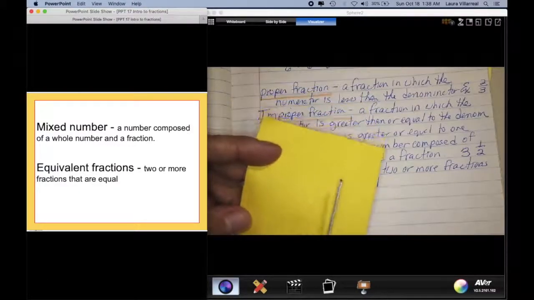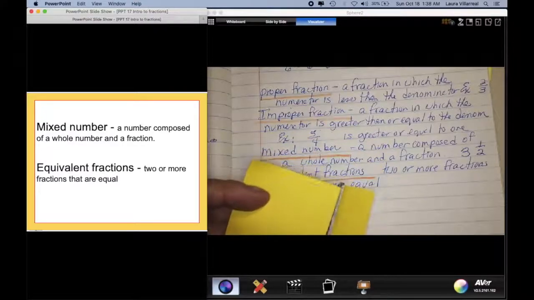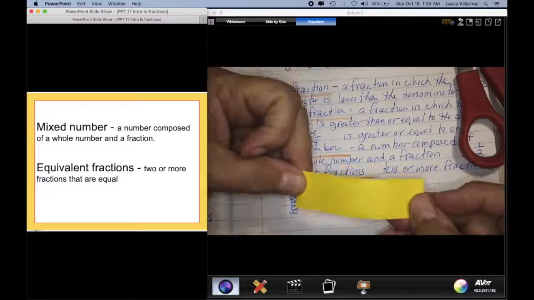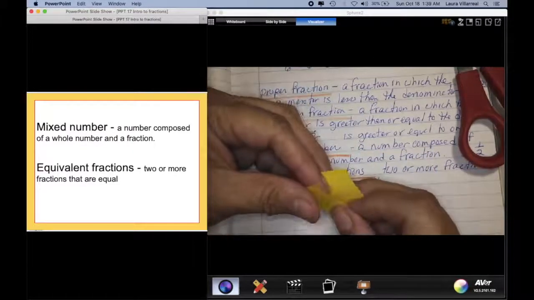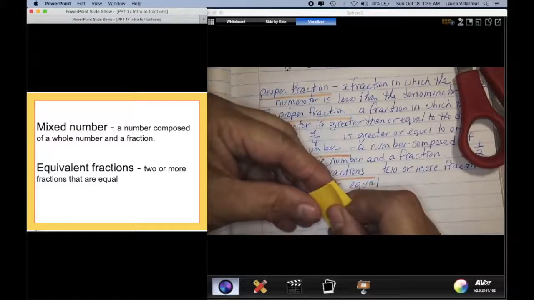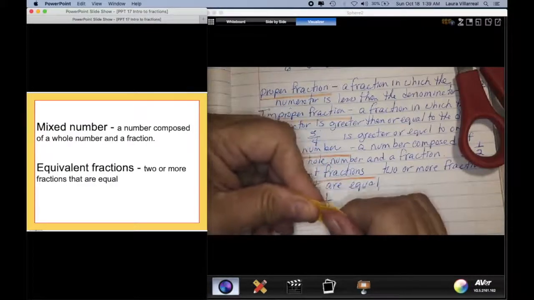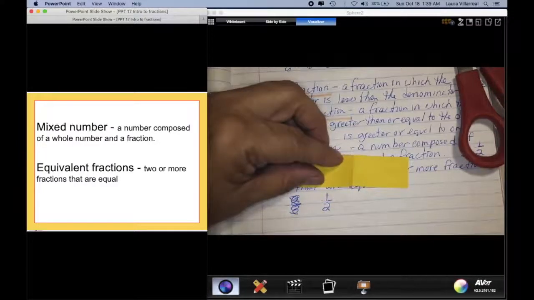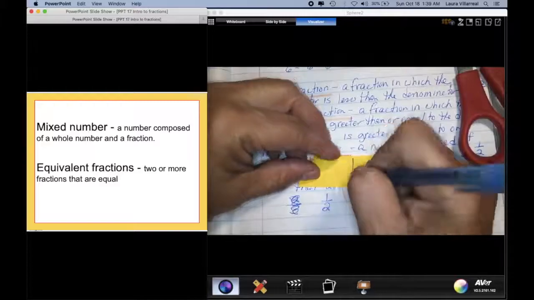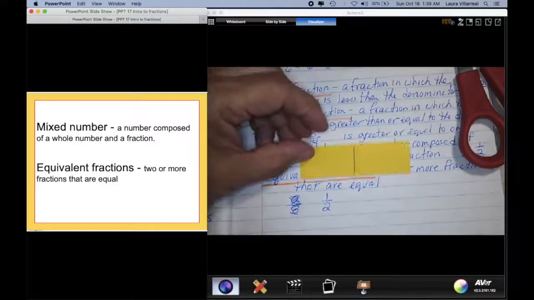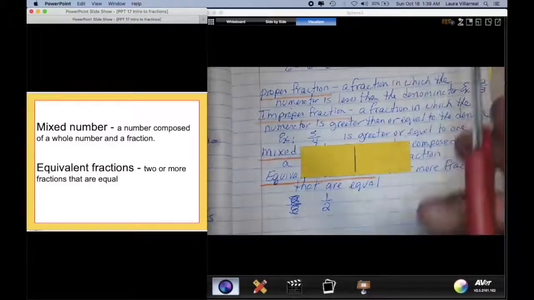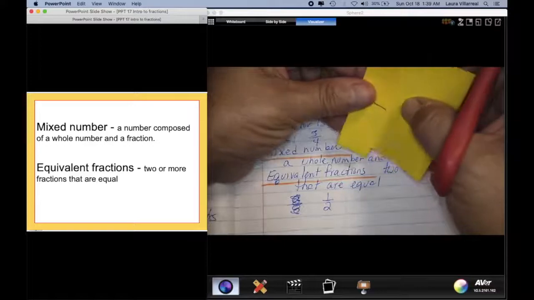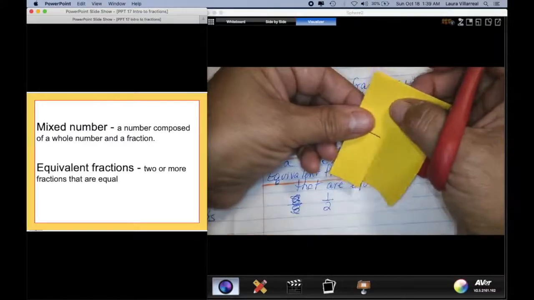Okay, so let me show you 1/2 here. Now remember, I am working in the concrete and I have an object in front of me that I can fold, even if it's a sheet of paper, in order to demonstrate 1/2. Now, whenever you are working with a model of a fraction, they must be the same length and have the same area.